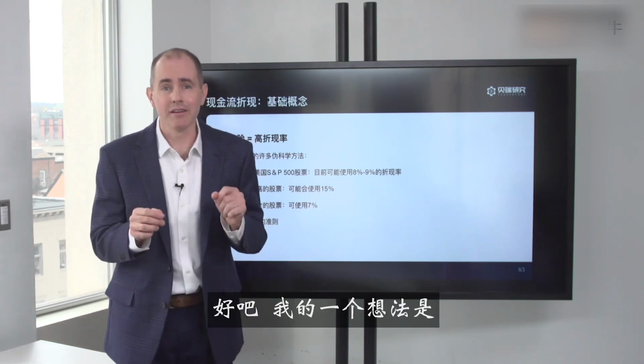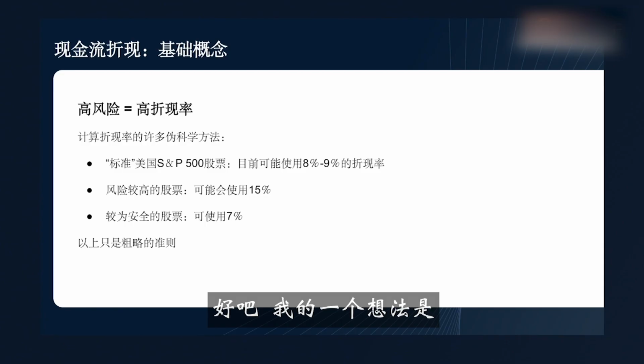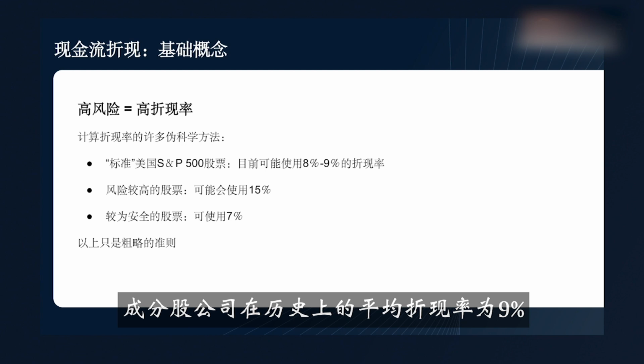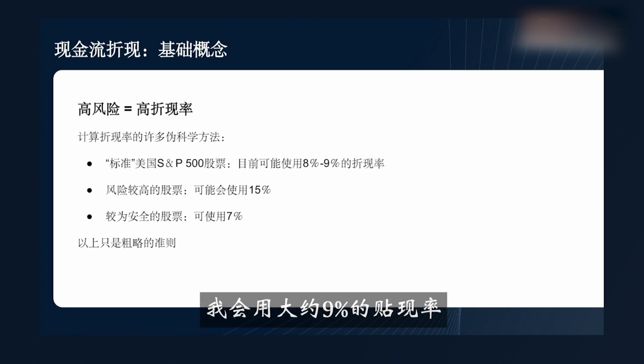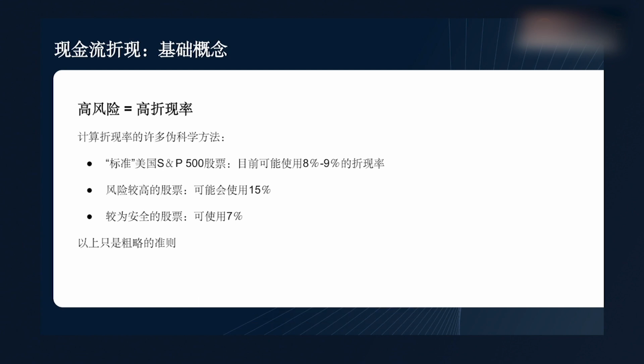Well, one idea, what I do, is look, for example, at the S&P 500 and say, all right, if it's performed about 9% on average over its historical life, for a stock that I would consider to be about as risky as an S&P 500 stock, I'd use about a 9% discount rate. Simple enough, right?